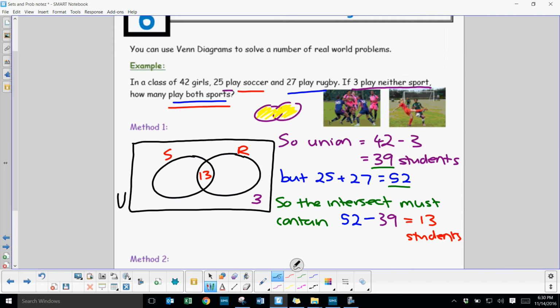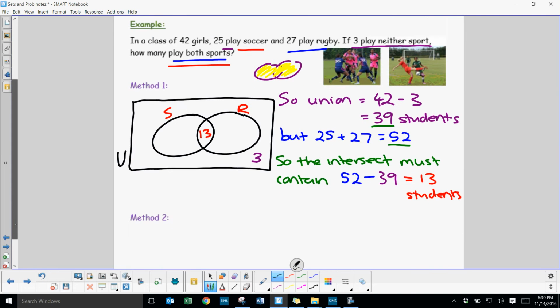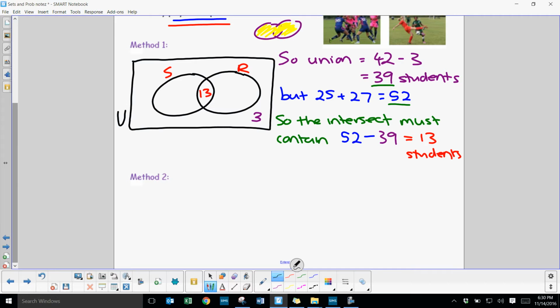So let's do only soccer. Only soccer must be the total soccer, 25, minus the intersect. So 25 minus 13 will give you 12 students.